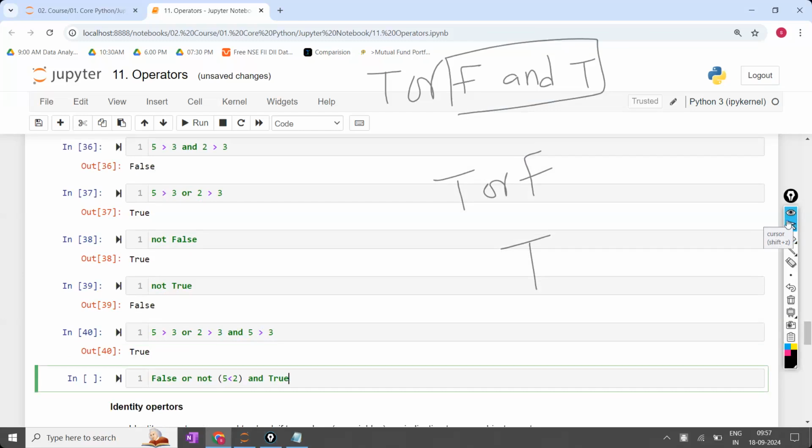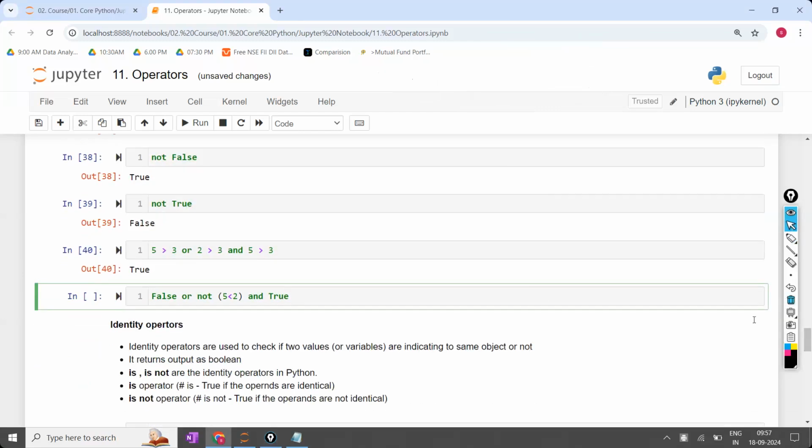Now, the last example for the logical operators: false or not (5 less than 2) and true. Observe what things are there. Or is there, that is a logical operator. Parenthesis is there, arithmetic operator. Less than is there, comparison operator. And is there, again a logical operator.